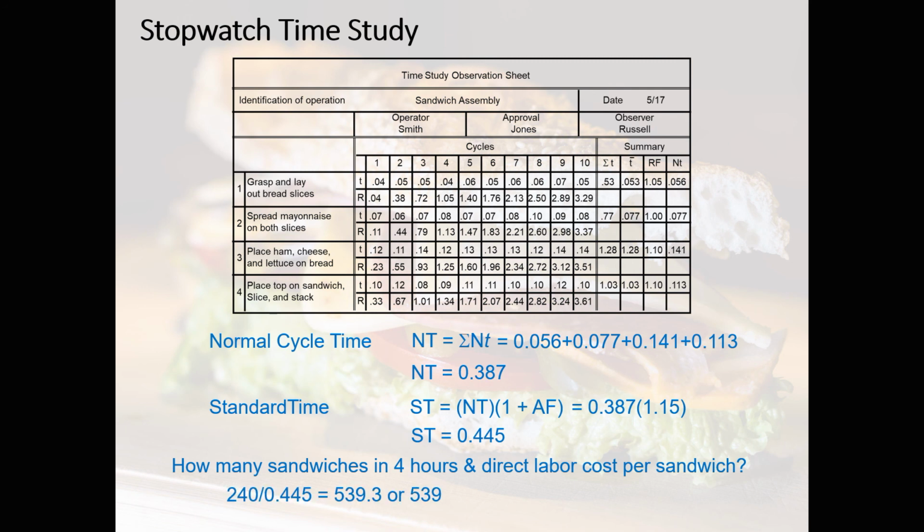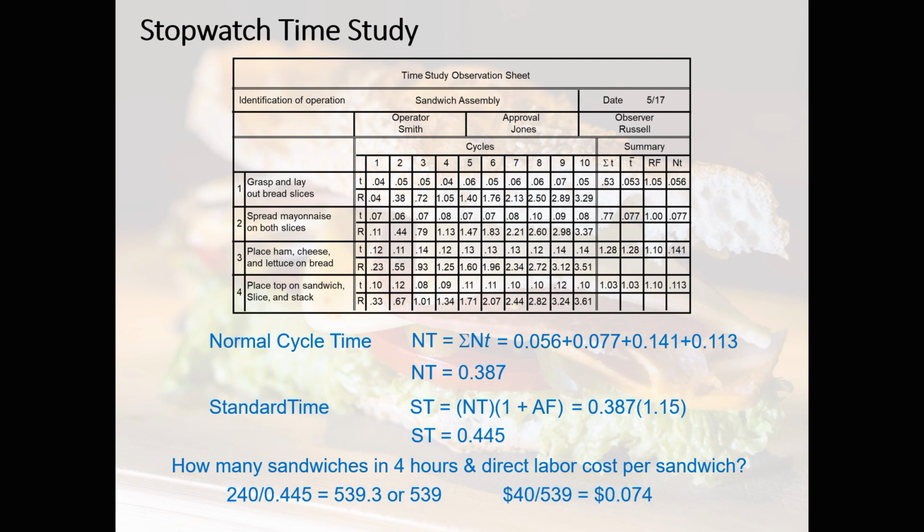For the 4-hour period, we have 60 minutes in an hour times 4. And then we're going to divide that by our standard time to determine how many sandwiches can be produced in a 4-hour period. So for our example here with the sandwich assembly, we get 539 sandwiches can be produced in a 4-hour period.